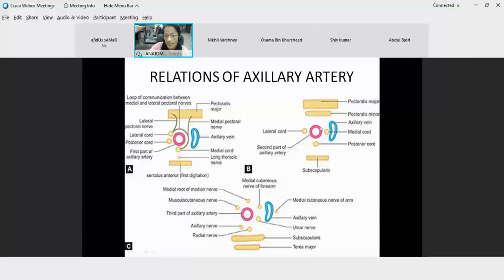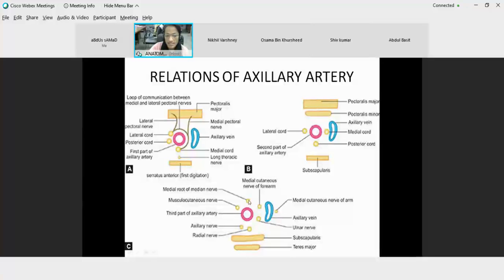Anteriorly, pectoralis minor. Posteriorly, we have the posterior cord of brachial plexus and subscapularis muscle. Medially, we have axillary vein and medial cord of brachial plexus, and laterally we have lateral cord of brachial plexus. Okay, is it clear? Yes, ma'am. Okay. Now coming to the third part of axillary artery.